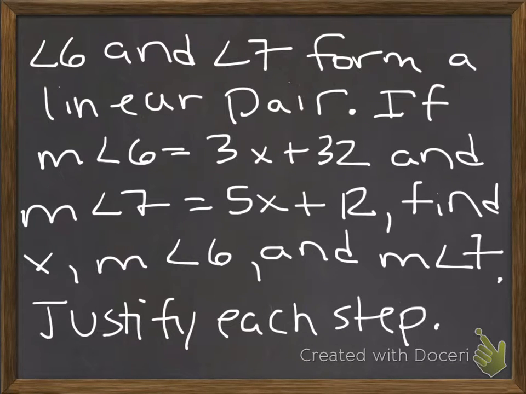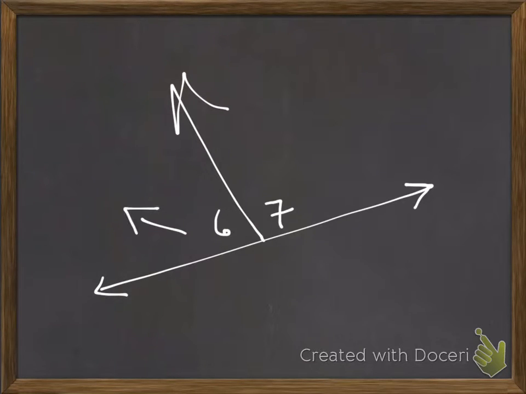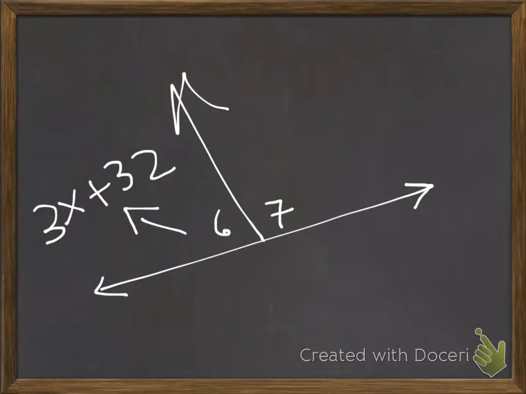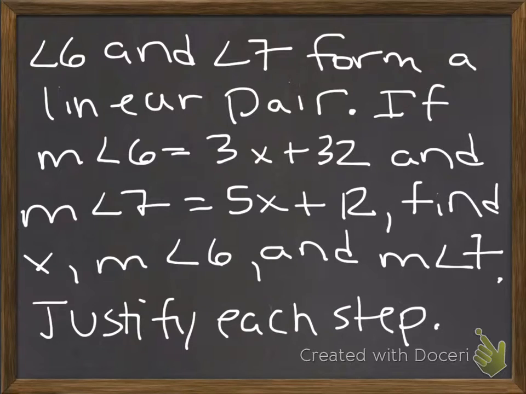Next proof we have is angle 6 and angle 7 form a linear pair. If angle 6 equals 3x plus 32, and angle 7 equals 5x plus 12, we need to find x, and we also need to plug that into angle 6 and angle 7 to find them.